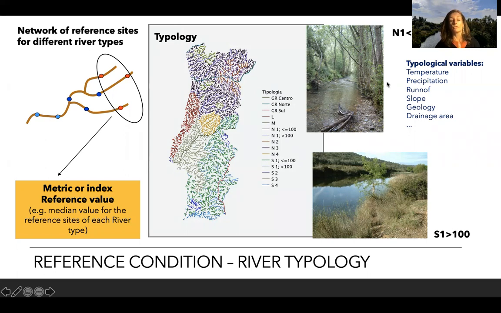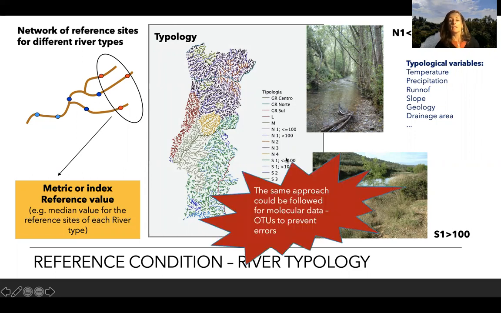So if we want to use the molecular information, we should rebuild this entire system and calculate these reference values based on the molecular data, because as we saw, they are different from when we perform just the morphological identification.